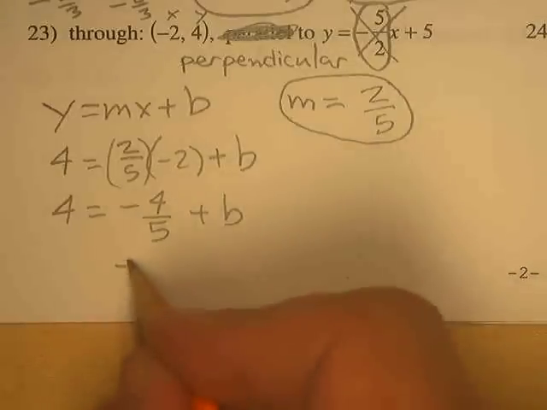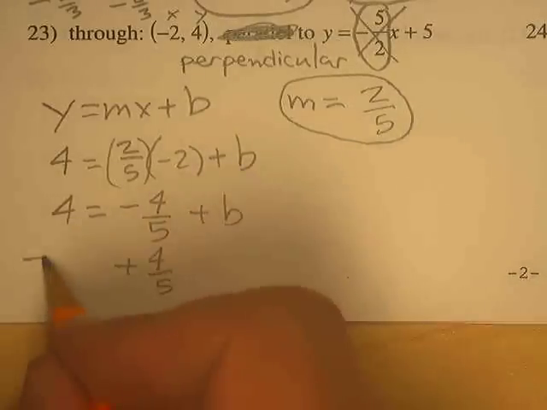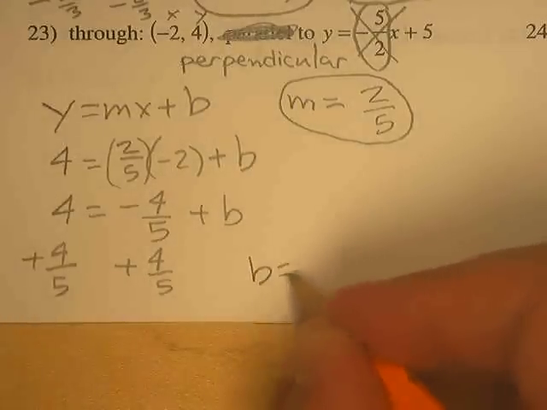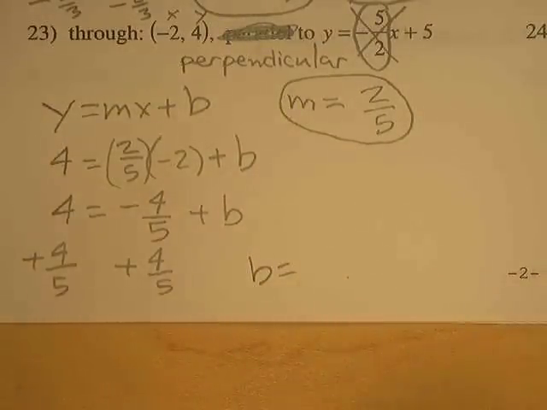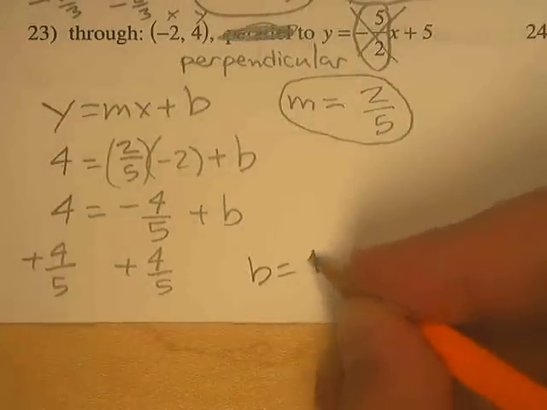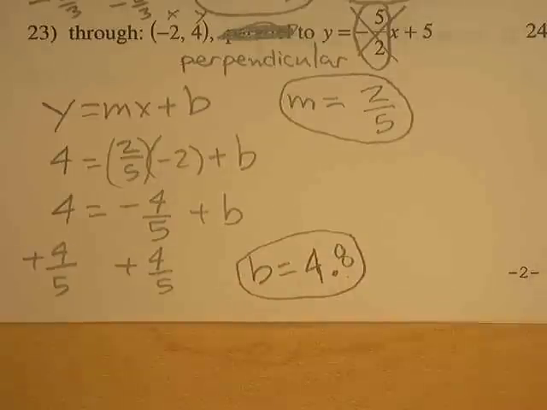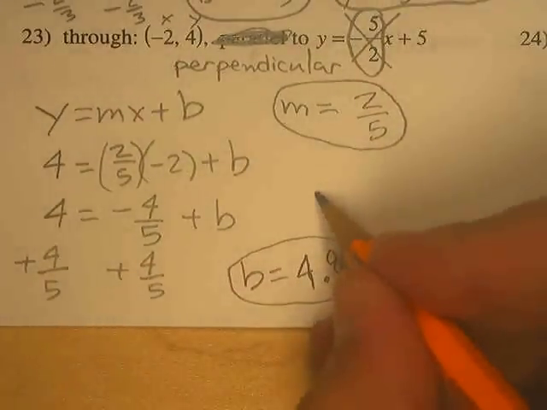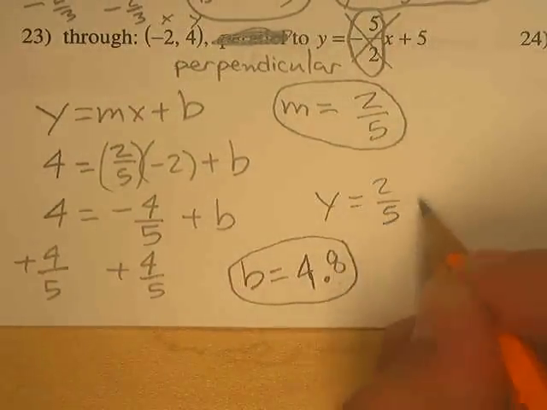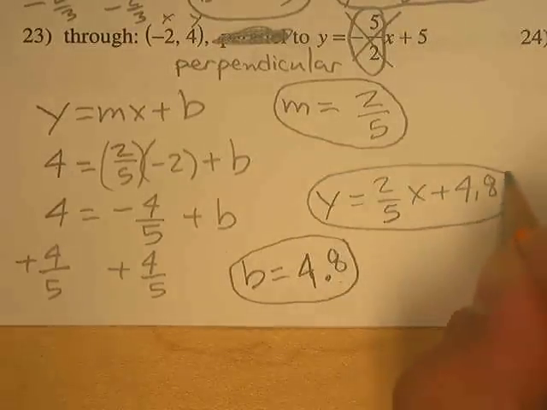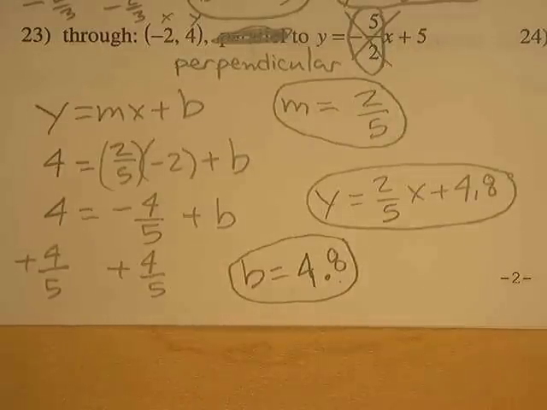There's a fraction key on your calculator. It gives you negative 4/5. Then I have to add 4/5 to each side. And you can do this also on your calculator. I'm going to put it as a decimal. It's going to be 4.8. So my final equation is going to be y equals 2/5 x plus 4.8.